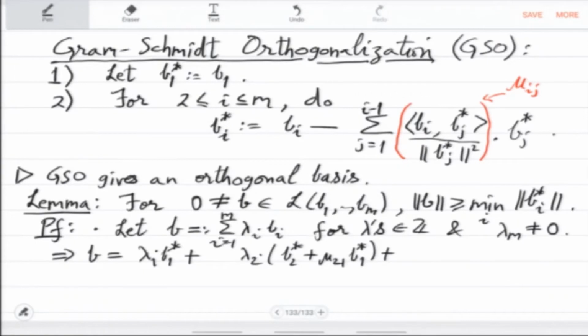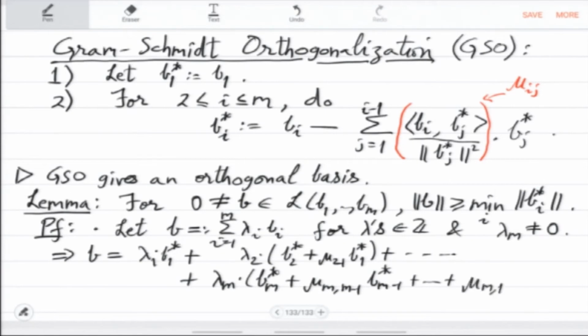What is B3? This pattern will continue. B3 will be B3 star plus mu times B2 star plus mu times B1 star, and so on. So in the end you will just get lambda m times Bm star plus Bm projected on m minus 1, down to Bm projected on 1.